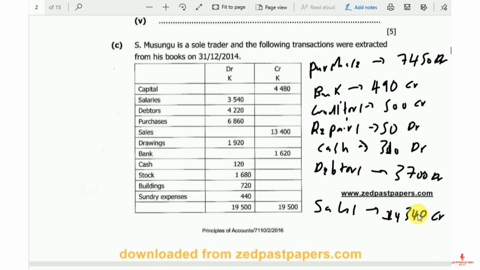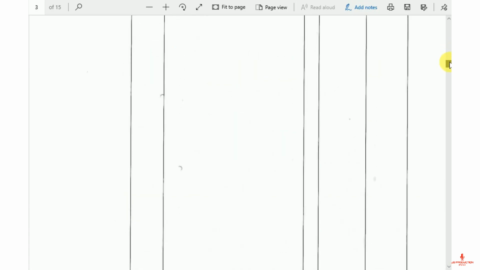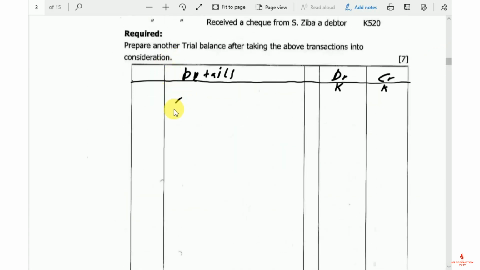So we have capital we have been given as 4480, and capital was not affected, so we are going to record that the way it is. So we're going to say capital on the credit side as 4480.